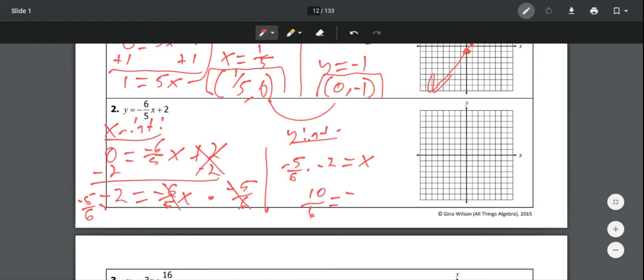And then that would reduce down to 5/3. So that's what x is. So then one of our ordered pairs is going to be 5/3, 0. So that's our x-intercept. Now you need to pause this and write that down because I'm going to have to erase it to give myself some room.